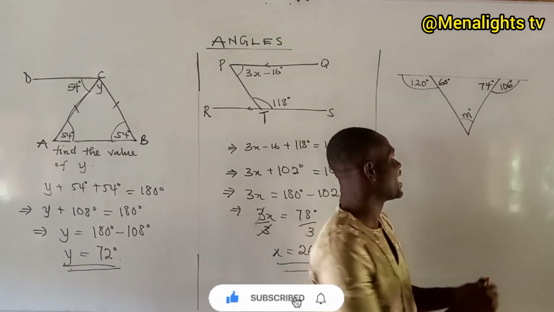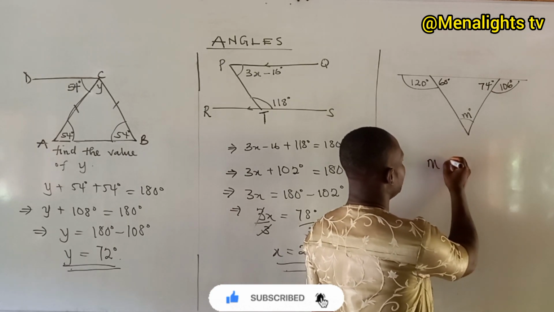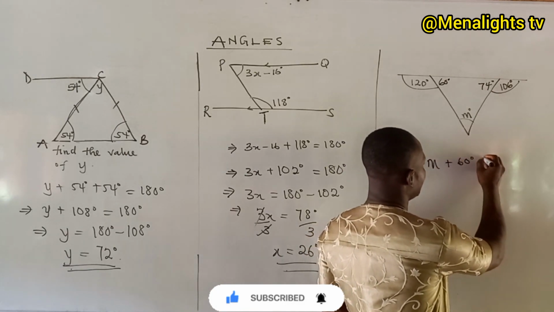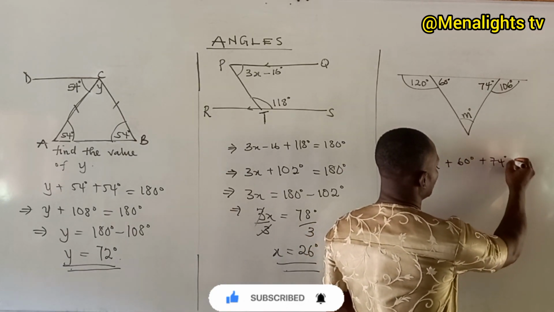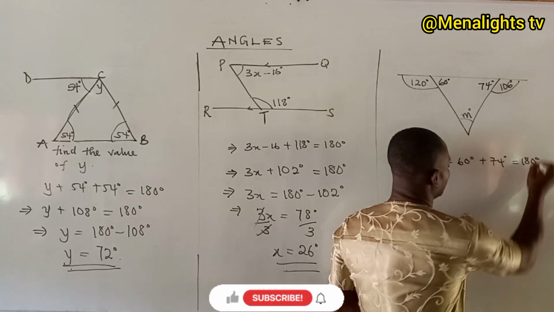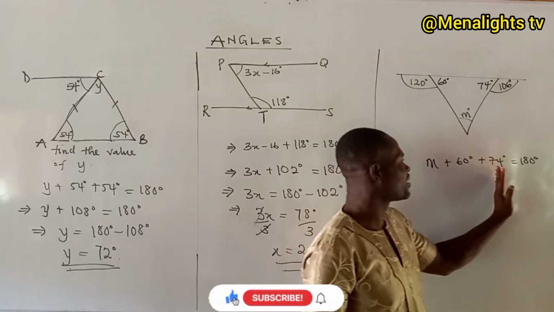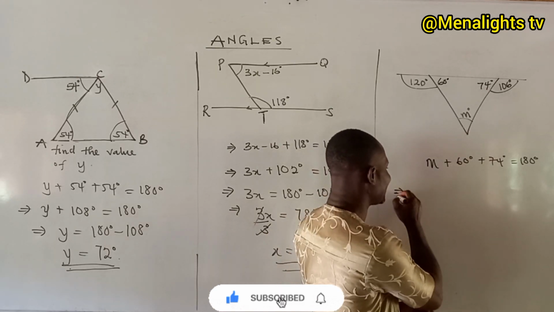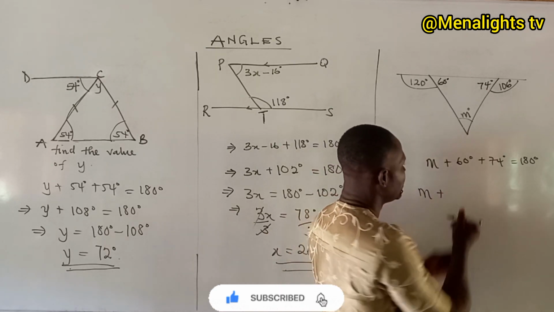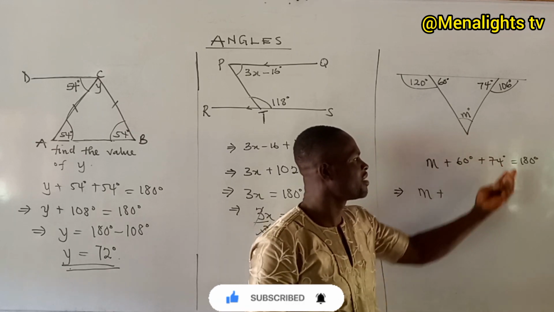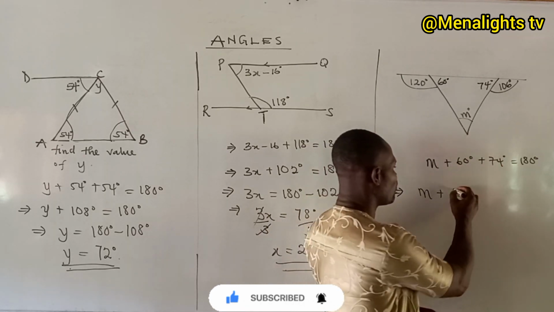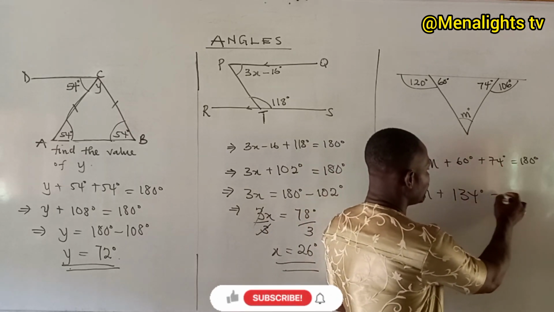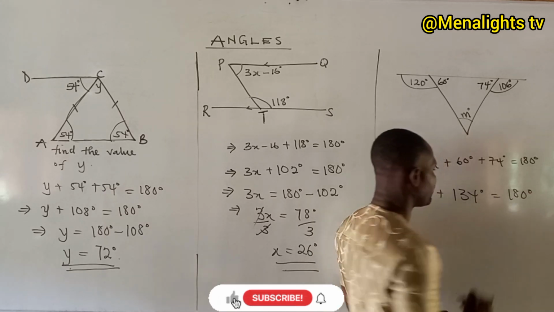So from there you can say that m plus 60 plus 74 degrees is equal to 180 degrees. So the 60 plus 74 will give us 134 degrees, which is equal to 180 degrees.